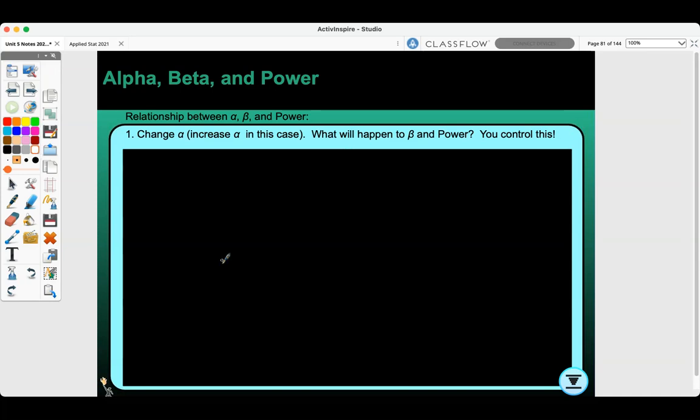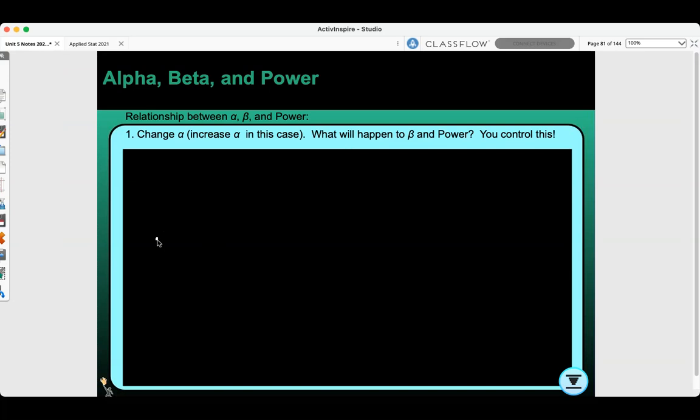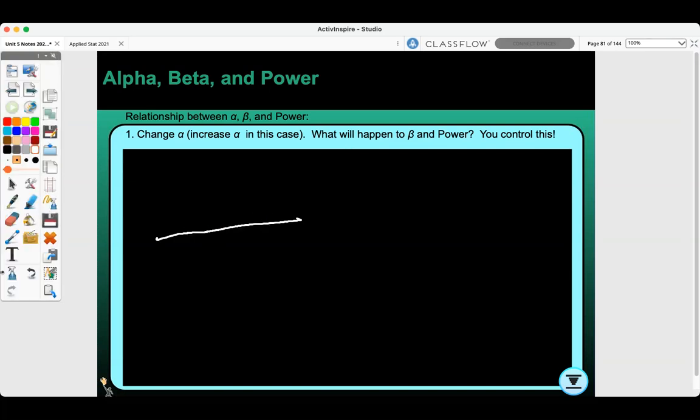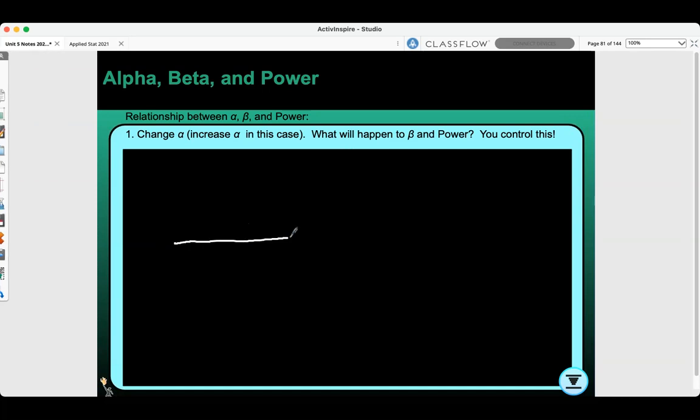So if I were to draw my normal curve with my alpha, so we have our probability of 0.2. This is my fail to reject region. Here, I have my original alpha.